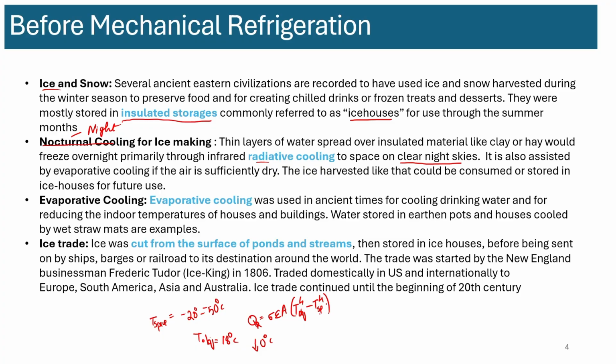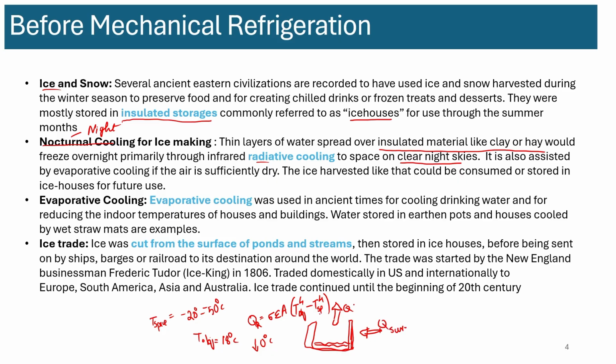However, what they needed was carefully placing the insulated vessel and controlling the amount of water spread over it. With an insulated vessel, you're able to create this refrigeration effect of removing Q from the water. At the same time, the insulated vessel reduces the Q from the surroundings that would heat up the water.